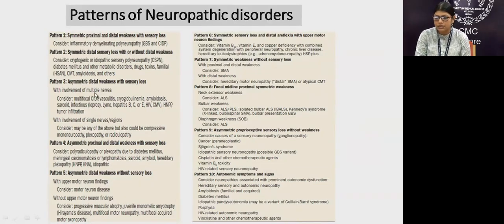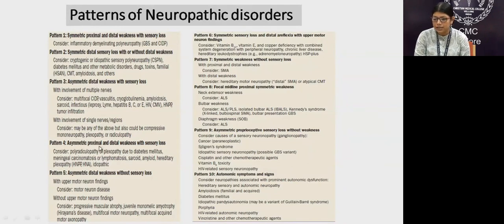infiltration. And this asymmetric distal weakness with sensory loss can also occur with involvement of a single nerve or single nerve regions. So this can present either as a mononeuropathy, such as carpal tunnel syndrome. They can present as plexopathy, like Parsonage-Turner syndrome, or idiopathic brachial plexitis, or radiculopathy.